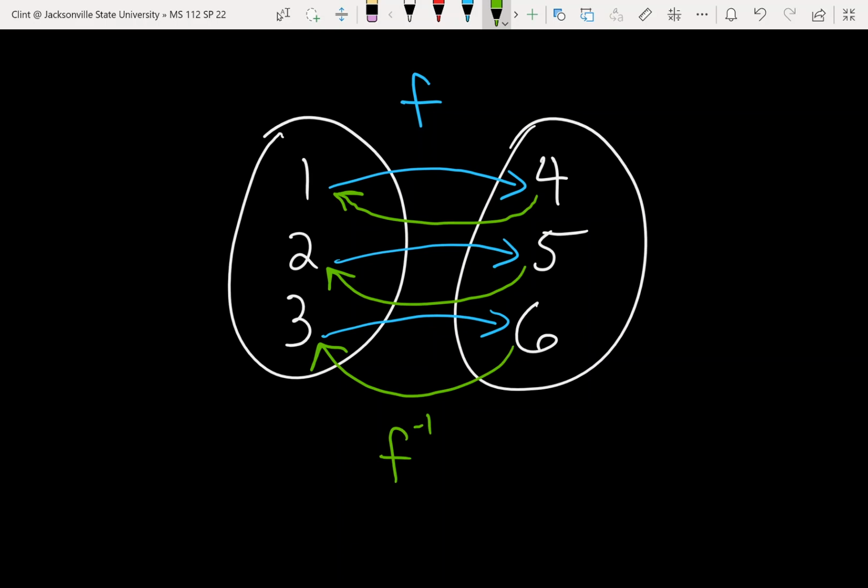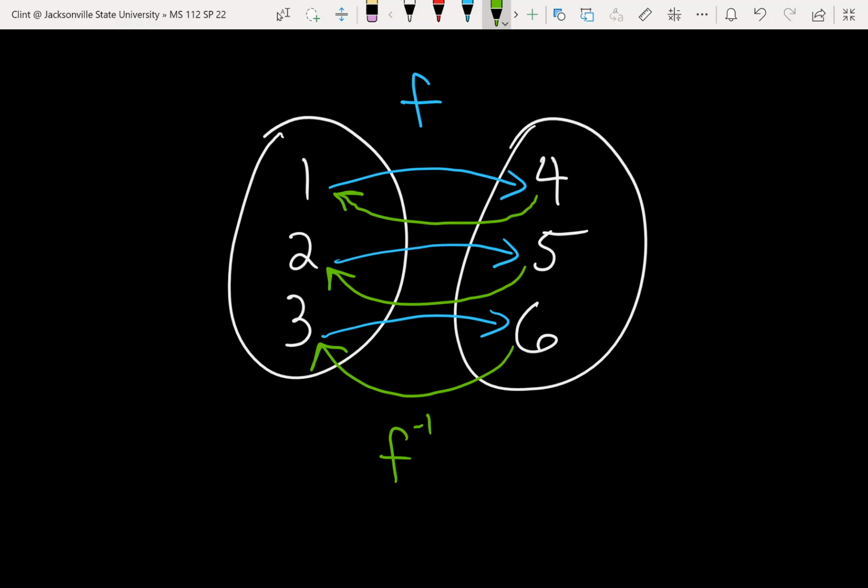Okay. One thing to take note of is that the domain of f are numbers on the left, 1, 2, 3, and those are the inputs for f. But the domain for f inverse is 4, 5, 6, right? 4, 5, and 6 are the inputs for f inverse. Okay.